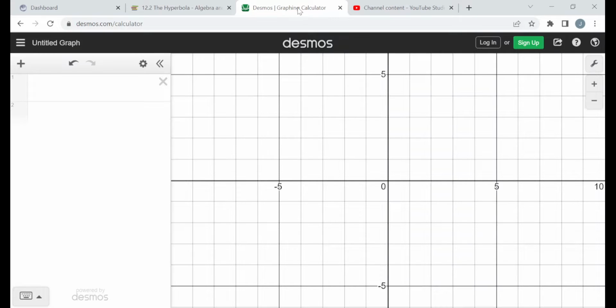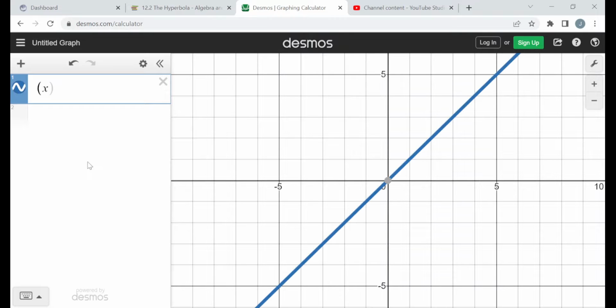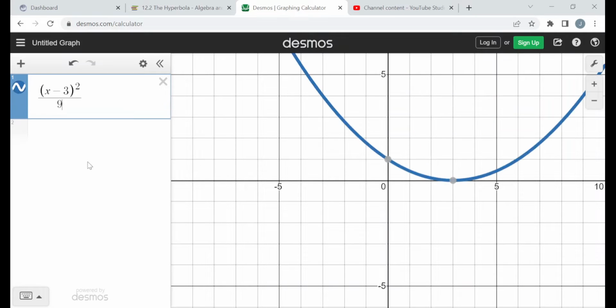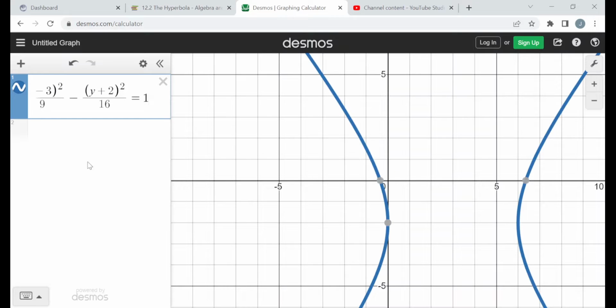The quantity x minus 3 squared divided by 9, minus the quantity y plus 2, right, y minus negative 2, squared divided by 16, equals 1. Right, you see this hyperbola showing up.